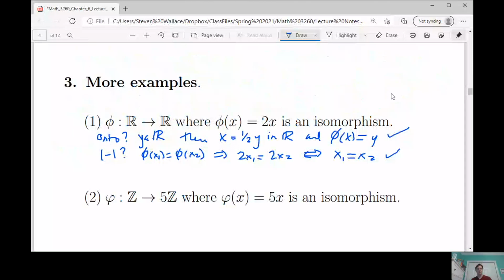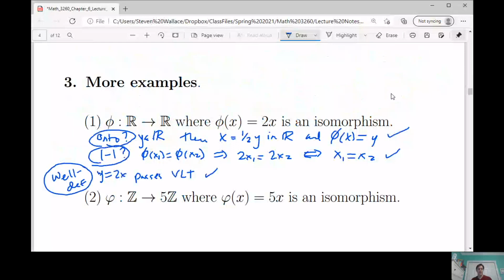I mean, it is a function, right? So y equals 2x, so well-defined. Y equals 2x passes the vertical line test. So it works out. Operation preserving, certainly.